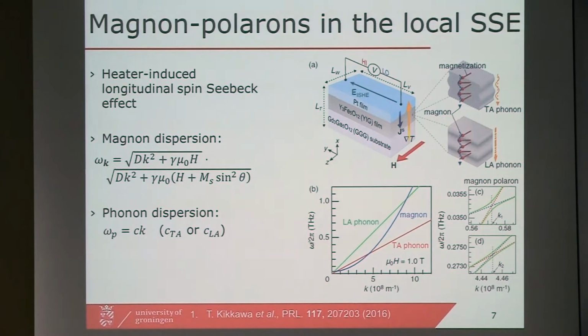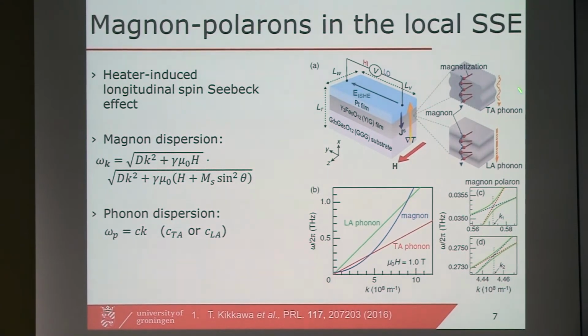And this is sketched over here, where your transverse acoustic phonons correspond to this kind of motion, and longitudinal acoustic phonons correspond to this kind of longitudinal motion of the lattice. And then the hybridization between magnons and phonons happens at the anti-crossings between the phonon branch and the magnon dispersion.